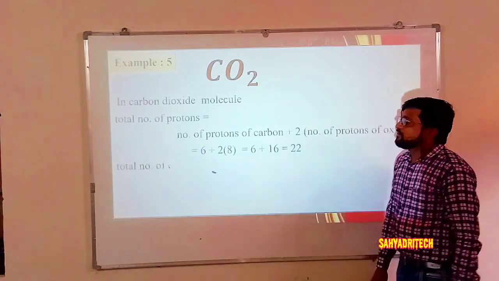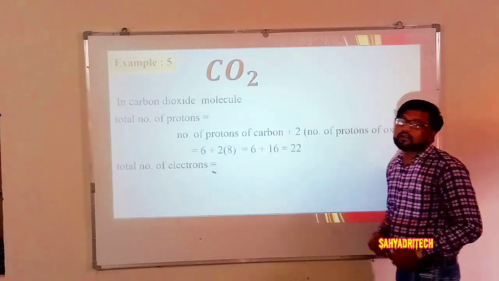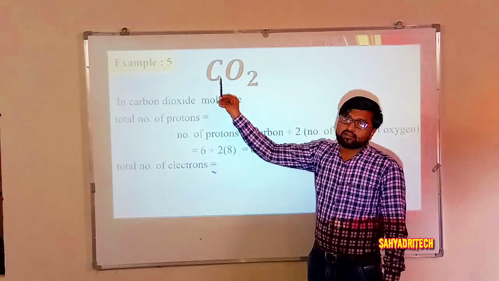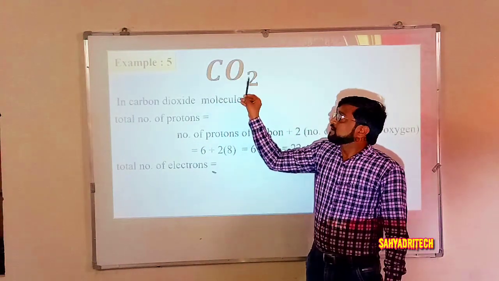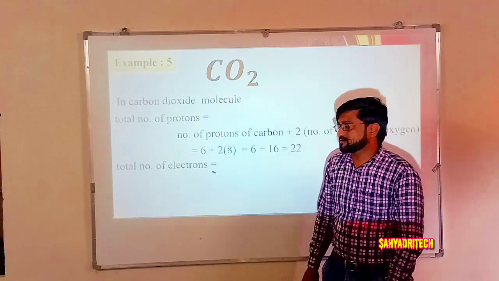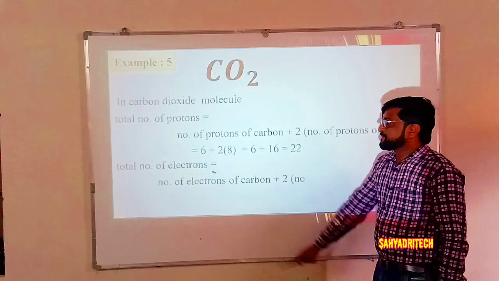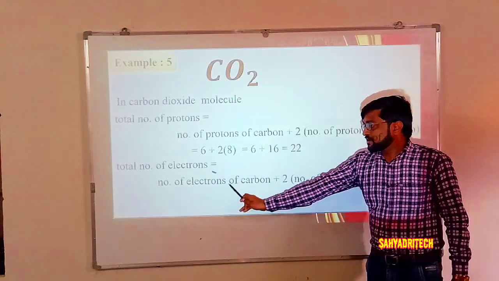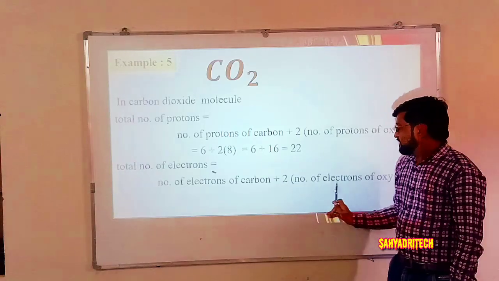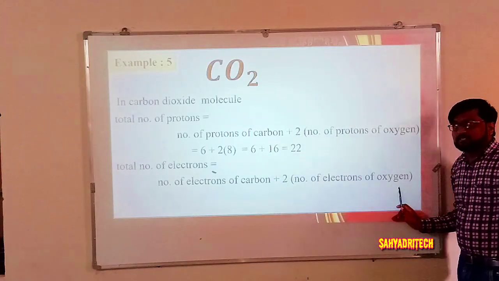Similarly, for electrons, the total number of electrons: again we have to add the number of electrons of carbon plus the number of electrons present in the 2 oxygen atoms. So, the general formula for this molecule is number of electrons of carbon plus 2 into the number of electrons of oxygen.